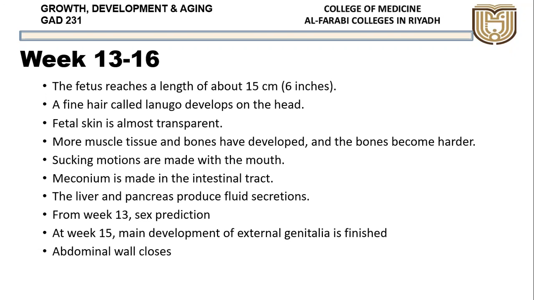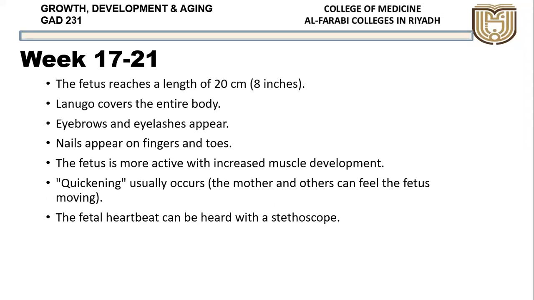If the abdomen doesn't close, some fetuses may be born with the abdominal wall open and the intestine out. You will study all those things. Once you understand the basic normal, then we will talk about the pathological changes.